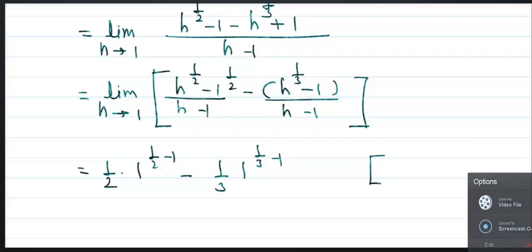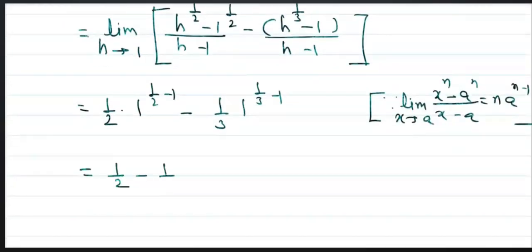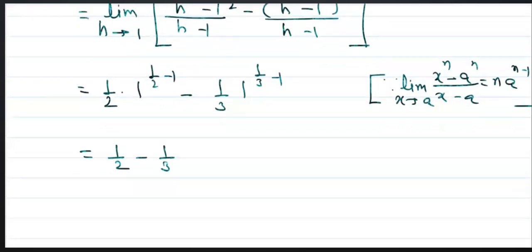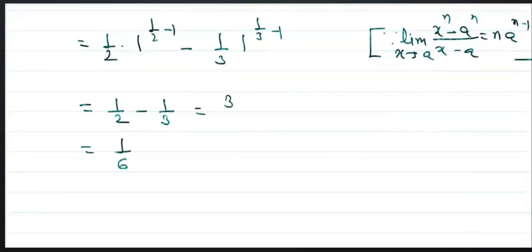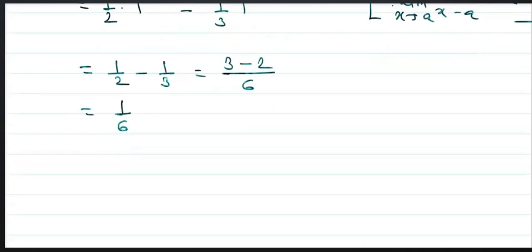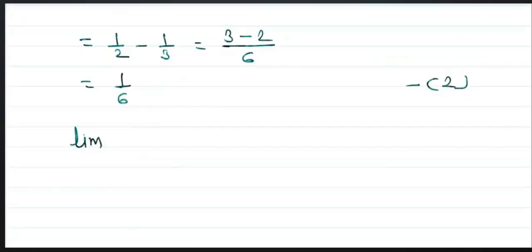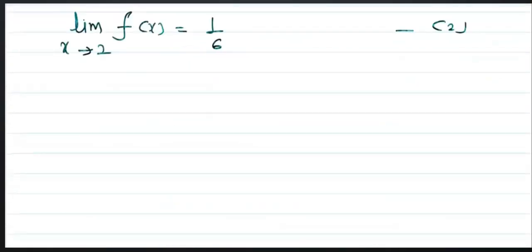By using the formula limit x tends to a, x raised to n minus a raised to n upon x minus a is equal to n into a raised to n minus 1, you will get 1 upon 2 minus 1 upon 3. If you make the cross multiplication, then you will get 1 upon 6. Therefore, limit x tends to 2, f of x is equal to 1 upon 6.